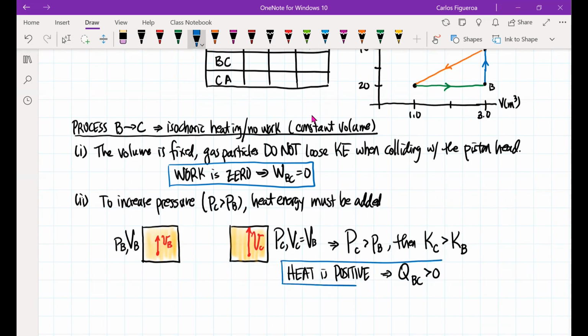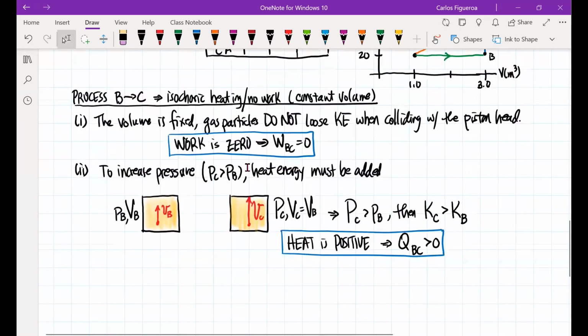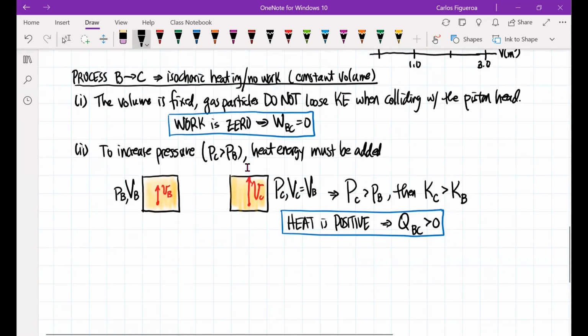Now, even though we've already answered this question, we see here that since the change in K micro, which is the same as the internal energy, is greater than 0, that means it's positive.